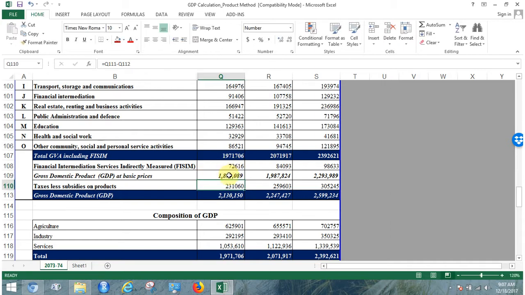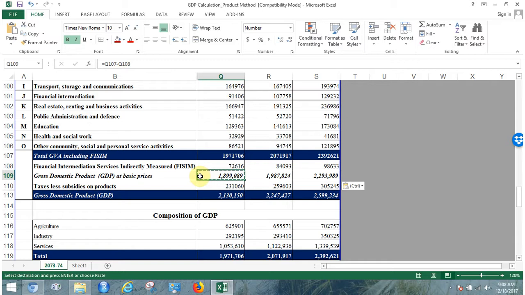We apply this formula for all the 3 years, and this figure is called the gross domestic product at basic prices. So in Nepal, GDP at basic prices is found only after the subtraction of financial intermediation services indirectly measured from the GVA.